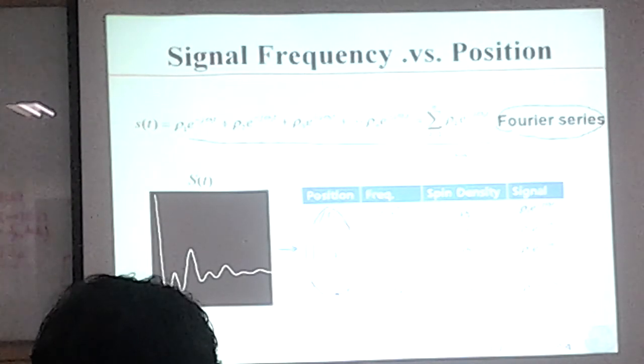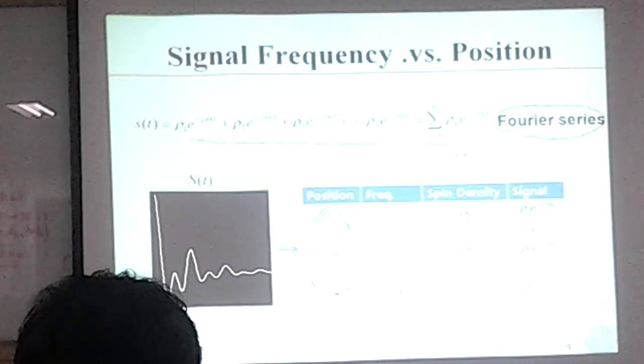Omega equals gamma times G times r, so this is the magnetic field at position r determined by the gradient field strength. So we can calculate the Larmor frequency using the Larmor equation right here. Okay.